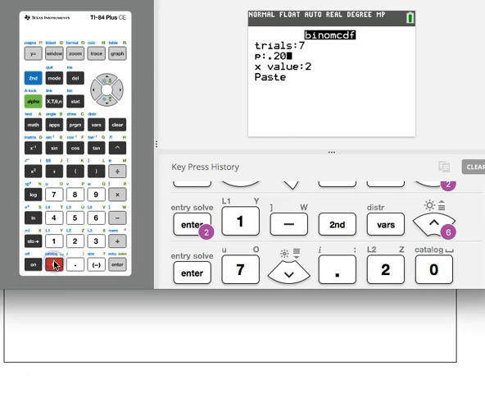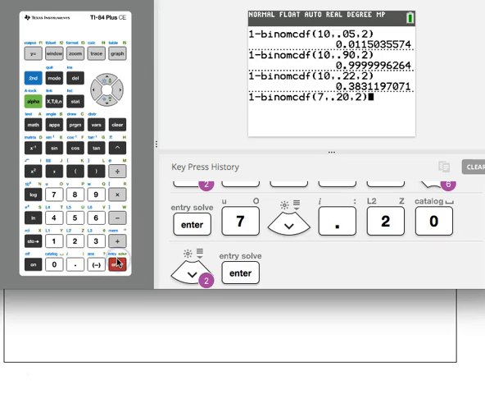Probability of just 0.2. And there we go. So if we guess on those last 7 questions, we have roughly 15% chance of ending up passing that test. Okay.